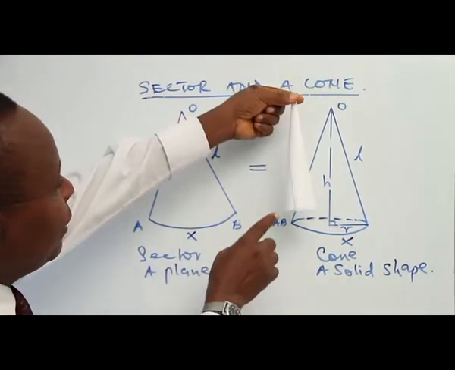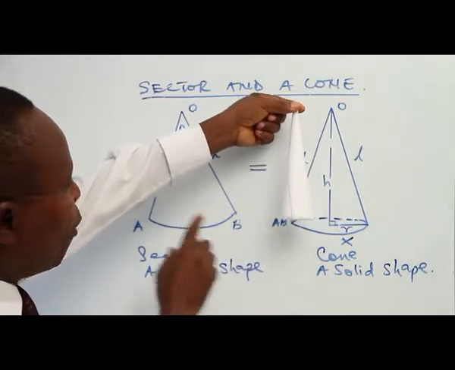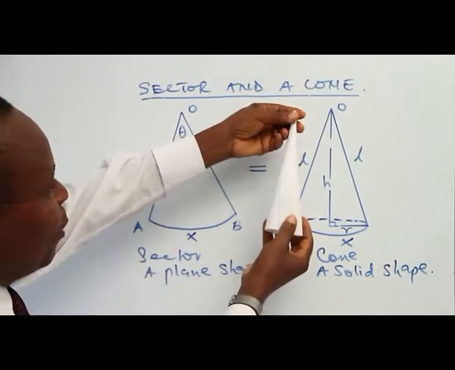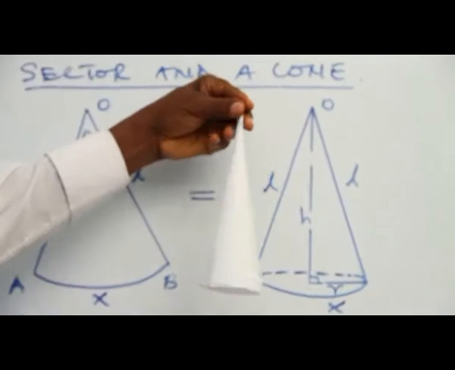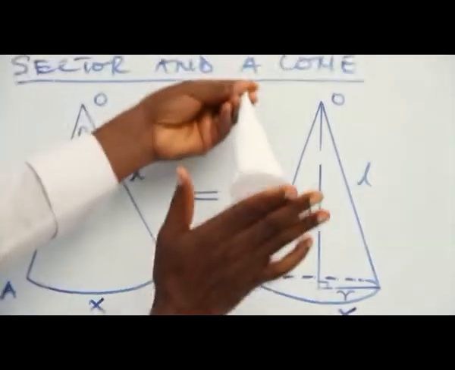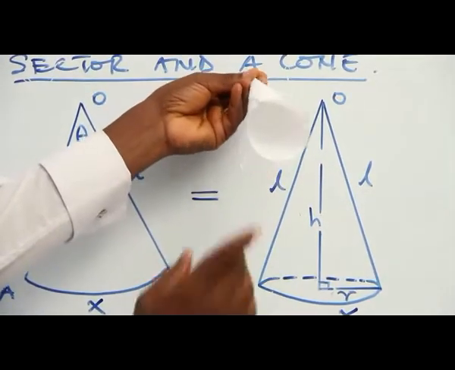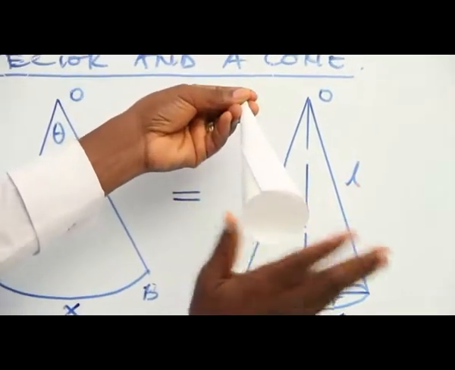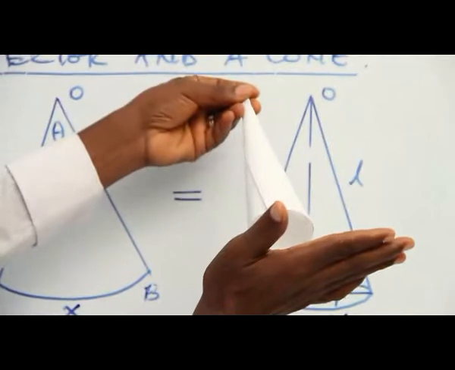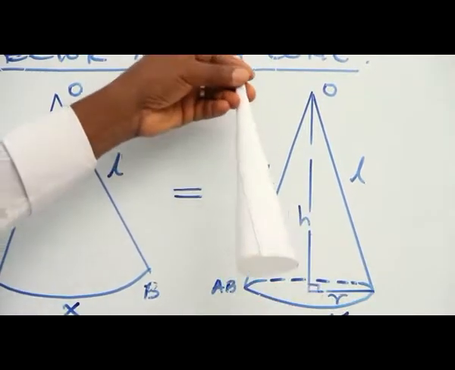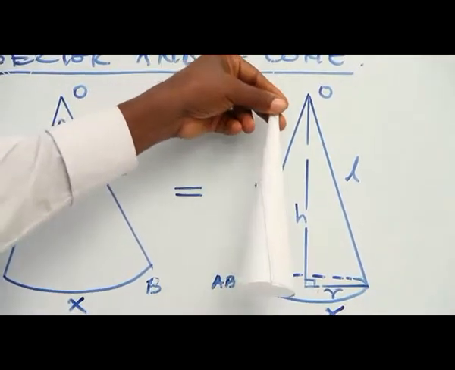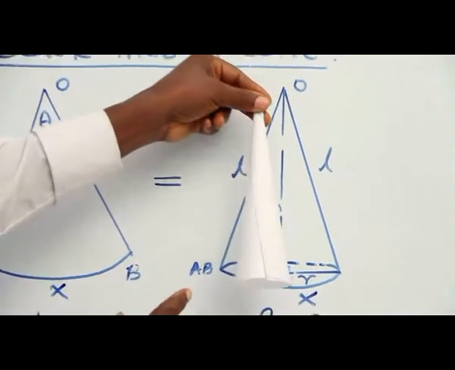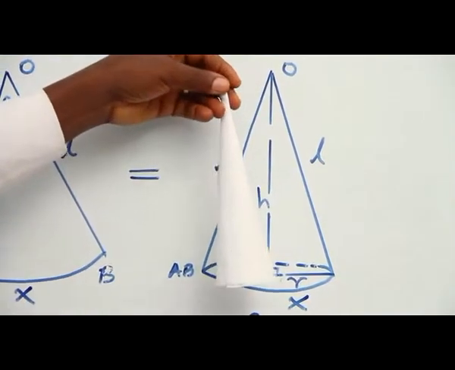This is now the cone from the sector. So we have now formed a cone from the sector. You can see it, an open cone. It's not covered here. If you cover it, it becomes something else, which means it's a closed cone. But here is an open cone formed from the sector of a circle.